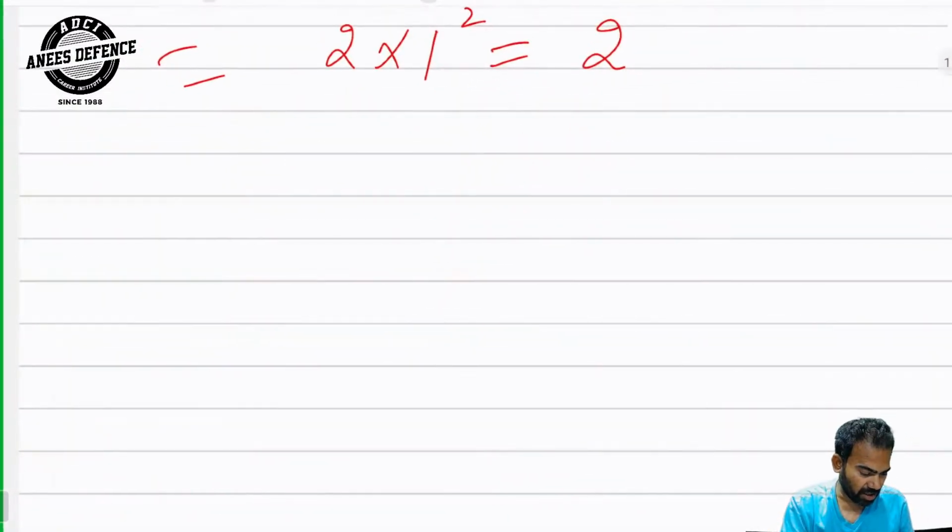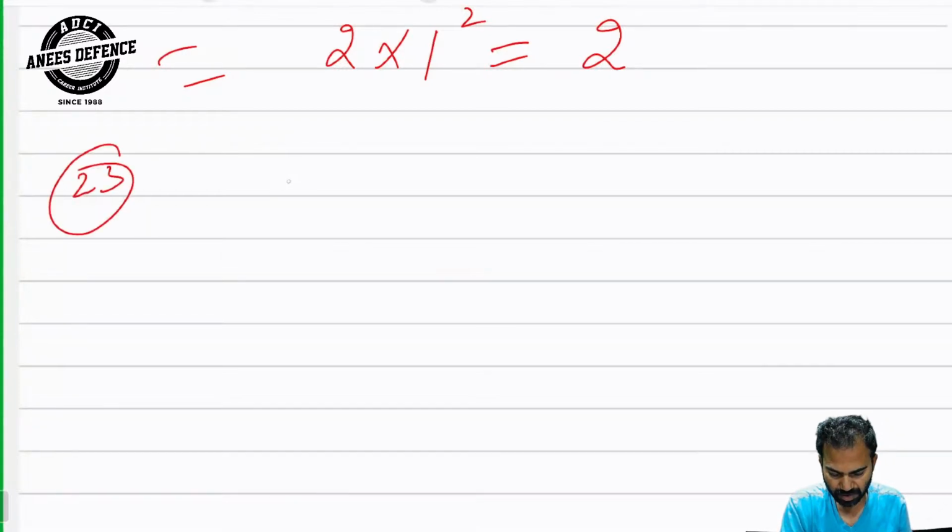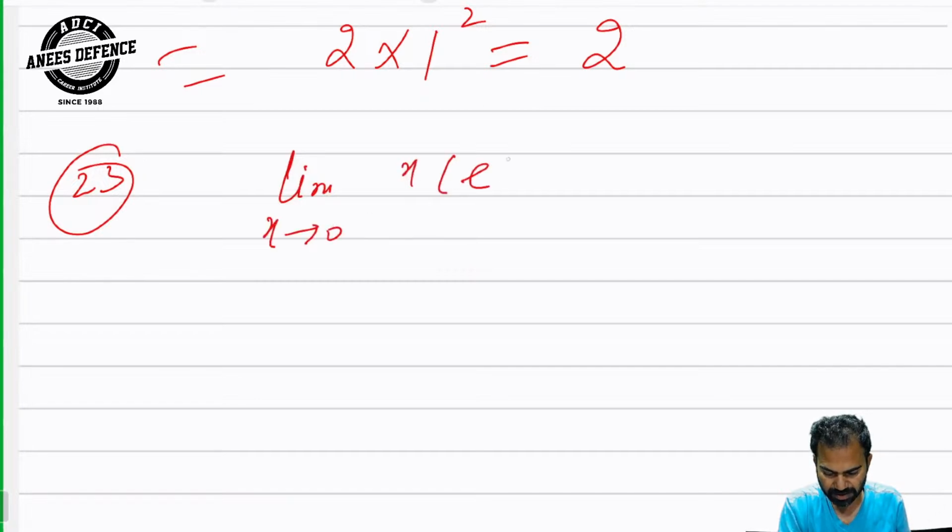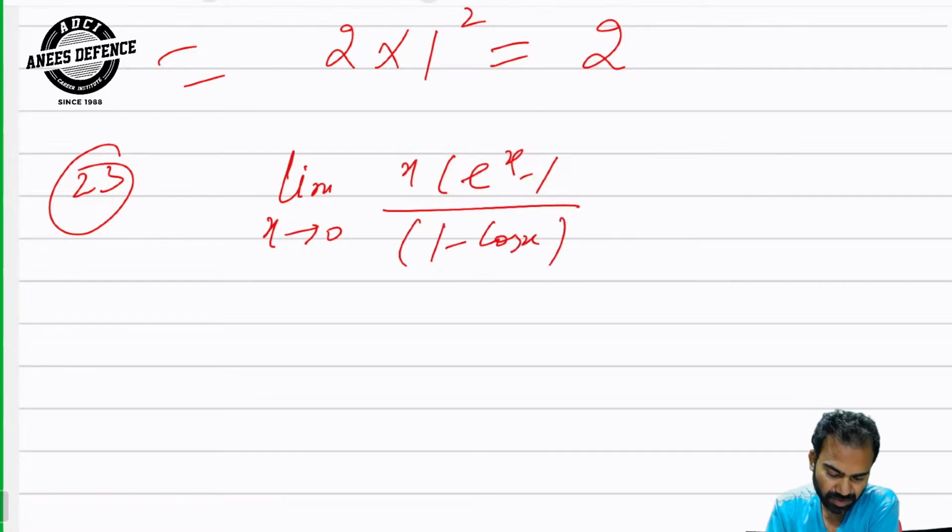Now the 23rd question. Limit x tends to 0 of e to the x minus 1 upon 1 minus cos x. Any problem? Right?